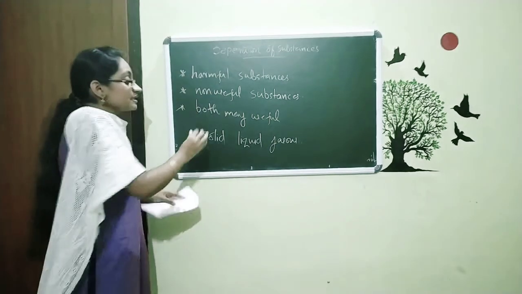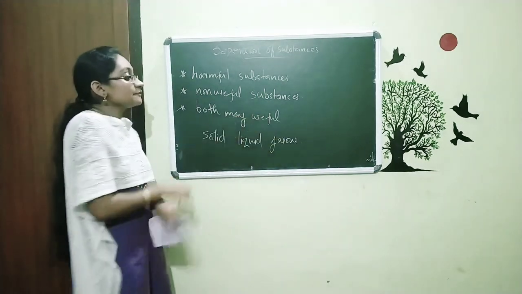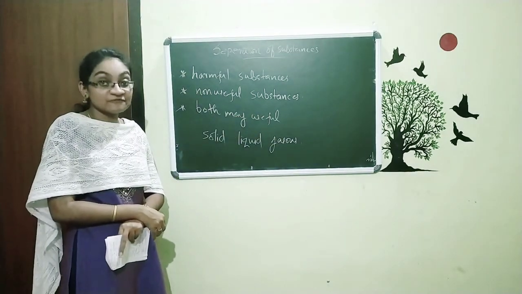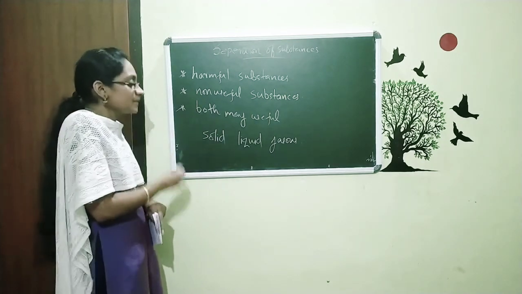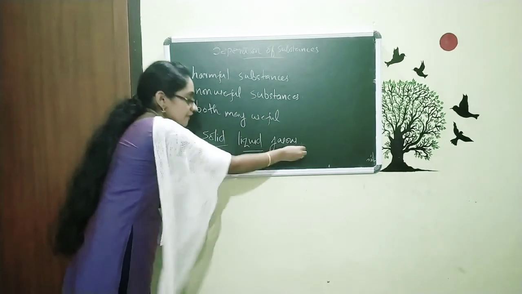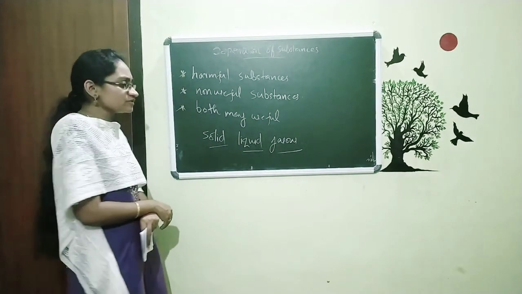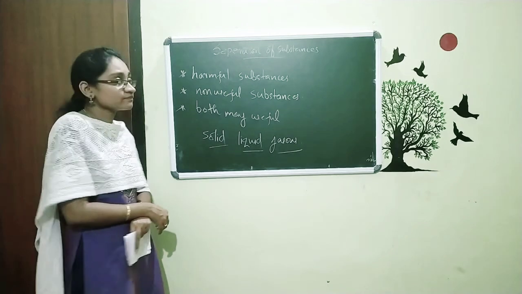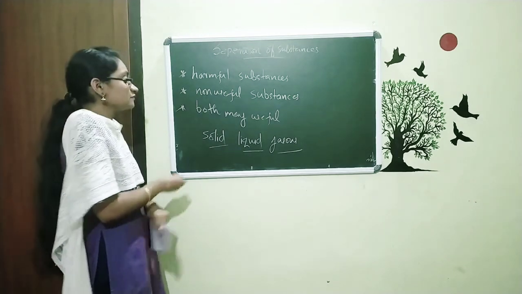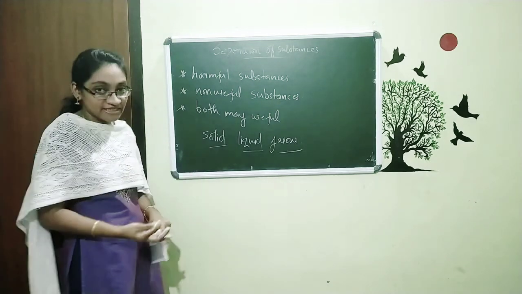Each type of substance is different. They are mixtures and we want to separate them, but the type is different. Is it possible to separate all these substances with the same type of separation? Actually, it is not possible, and we have different types of separation.